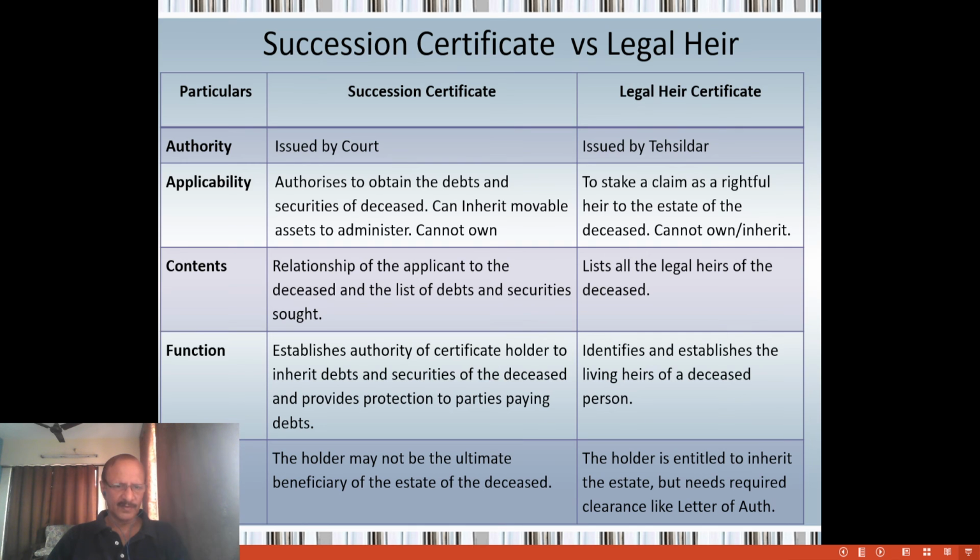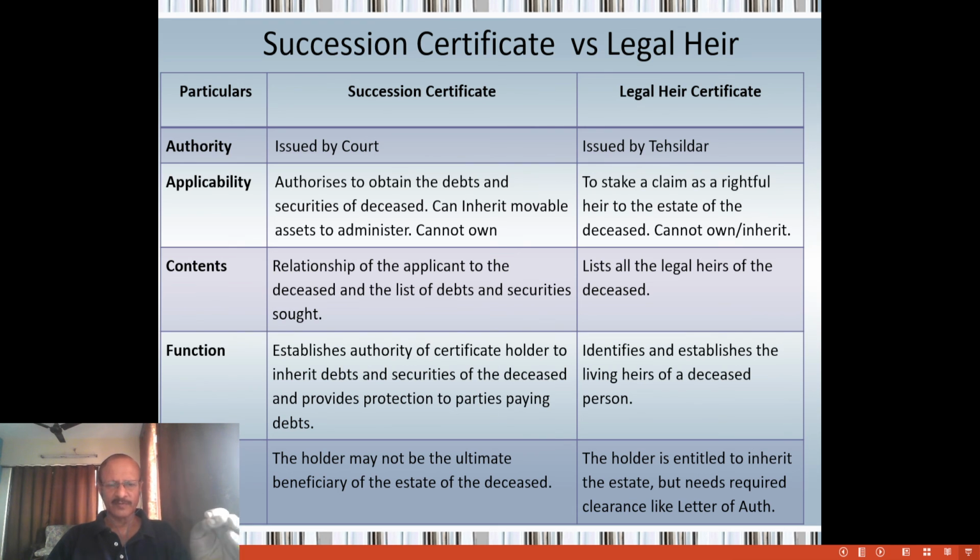Contents: the relationship of the applicant to the deceased is established. Here it only says who are the legal heirs under the legal heir certificate. Functions: it establishes the authority of the certificate holder to inherit debts and securities of the deceased. For the legal heir certificate, not applicable, because the only function it does is to establish the relationship.